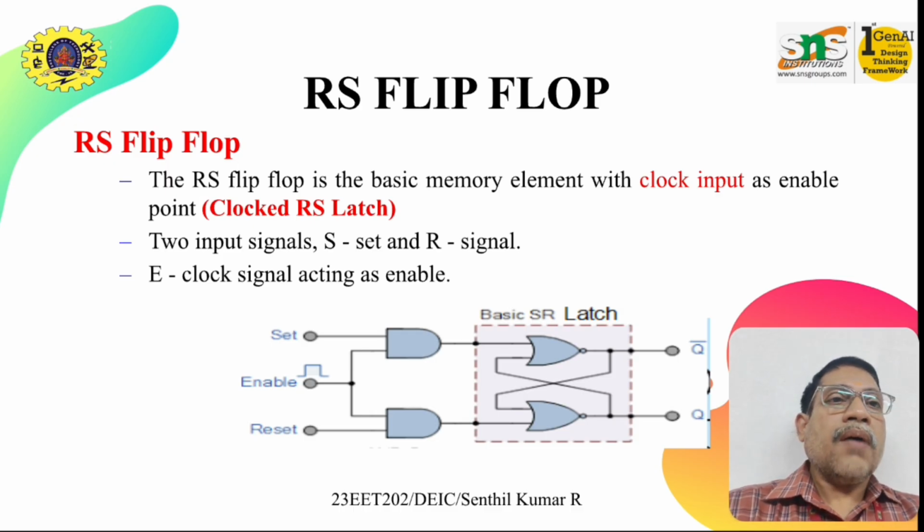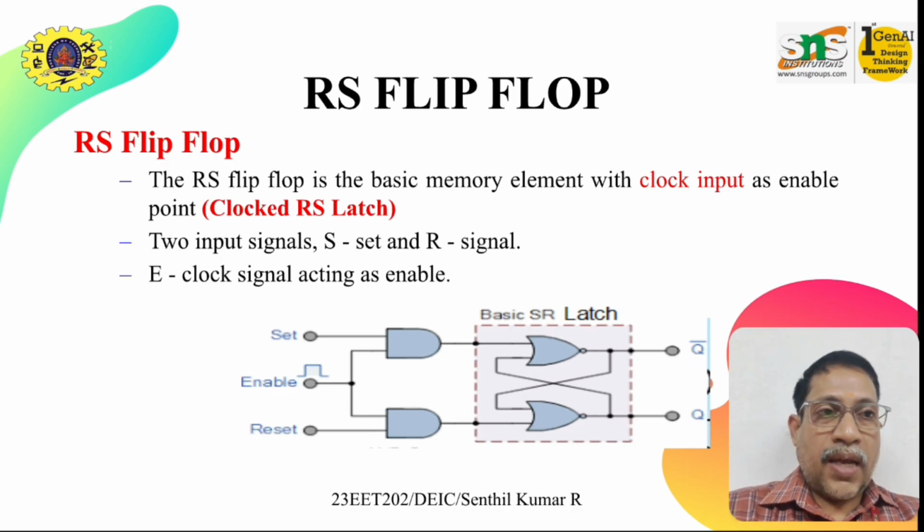The circuit diagram for the SR latch is shown here, which consists of 2 NOR gates, and 2 AND gates are connected, one for the set and another for the reset input. The second terminal of both AND gates is given to the clock pulse, which is named enable here.